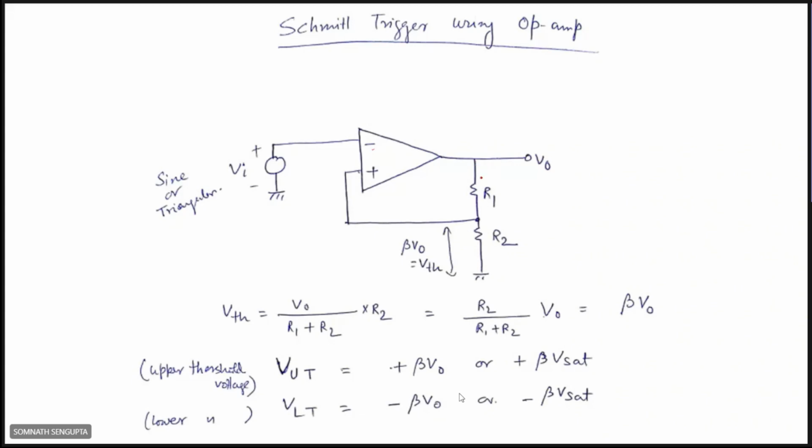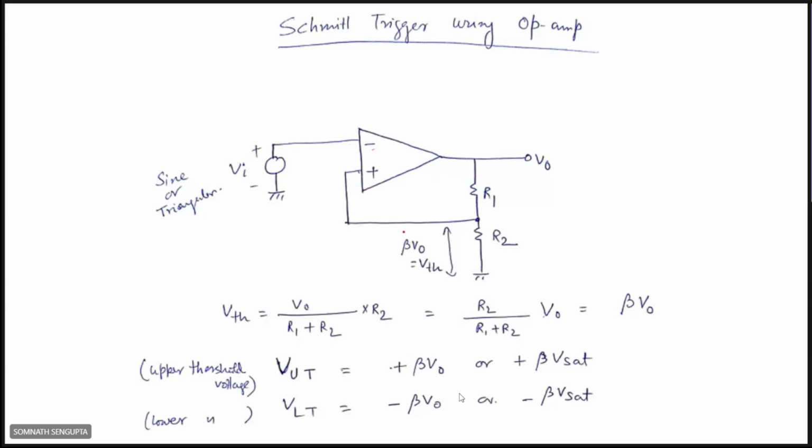Basically, two resistances R1 and R2 are connected in series with the output voltage V0 of the op-amp, and across the resistance R2, we take the feedback and apply it to the non-inverting terminal. So whatever voltage is coming across this resistance R2 is always present in the non-inverting terminal. This way, this feedback is given to the input of the op-amp.